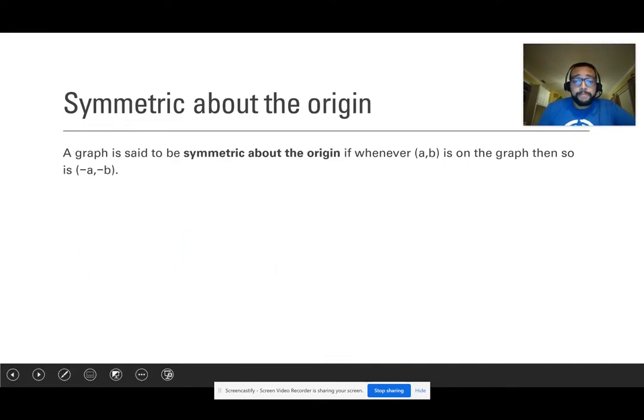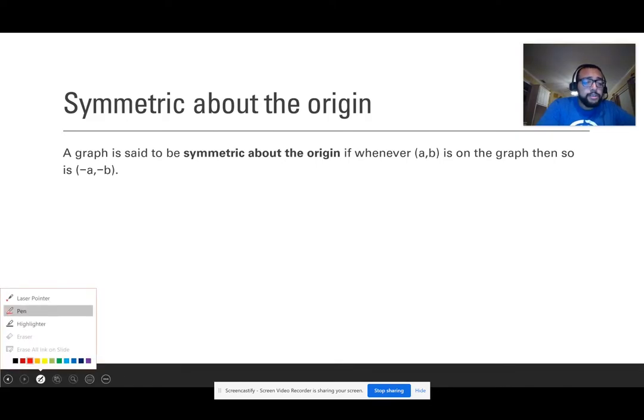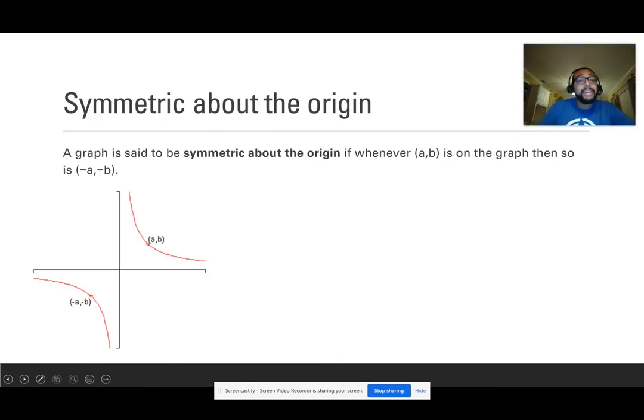Symmetric about the origin. So the picture that he showed, Mr. Palmer, is like, hey, if you got some point (a, b), let's say again it is (5, 3), then you also got the point (negative a, negative b). So if you have (5, 3) on the graph, you also have (negative 5, negative 3).